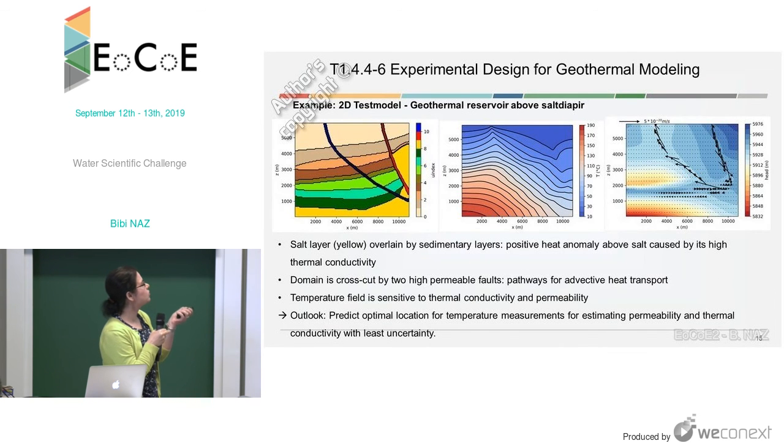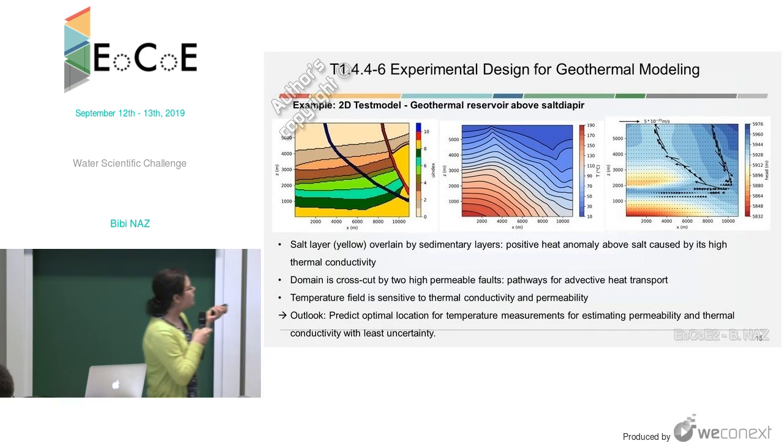This is also an example of their 2D test model, the cross section of a geothermal reservoir above a salt diapir, showing the two high-permeability fault pathways for advective heat transport.